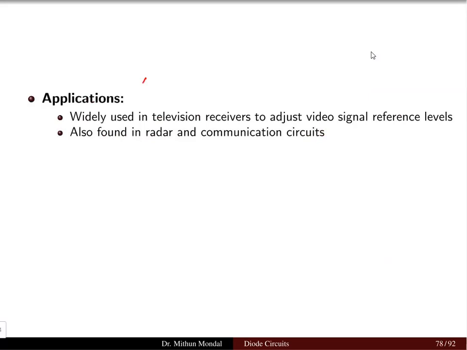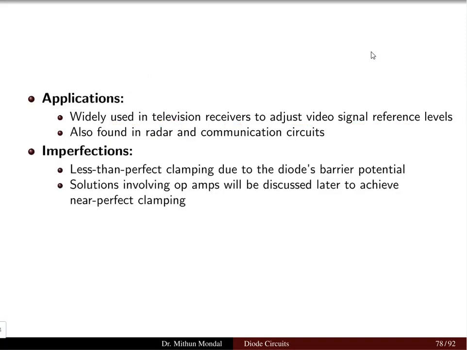If we talk about the applications of the clamper circuit, it is widely used in television receivers to adjust the video signal reference level, and it is found in radars as well as communication circuits. There are imperfections, because perfect clamping is not obtained due to the diode barrier potential drop.